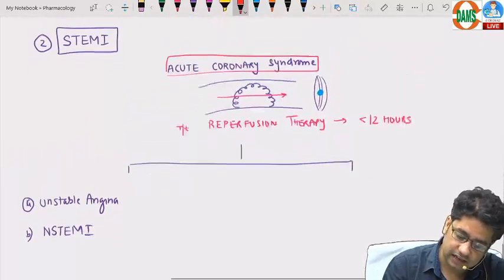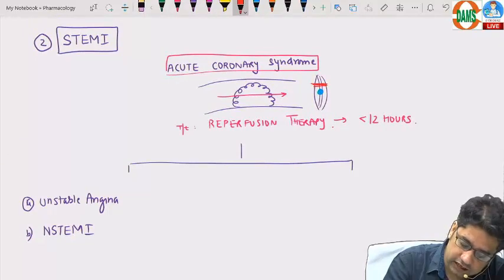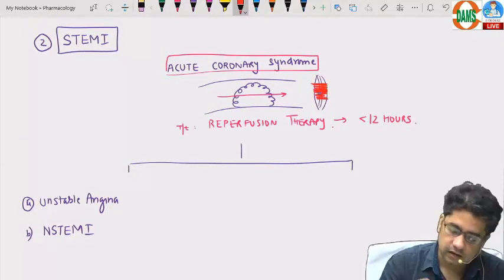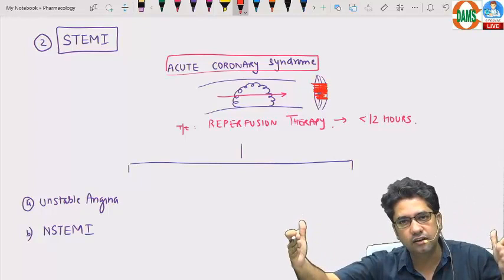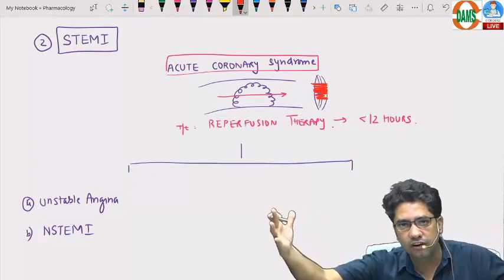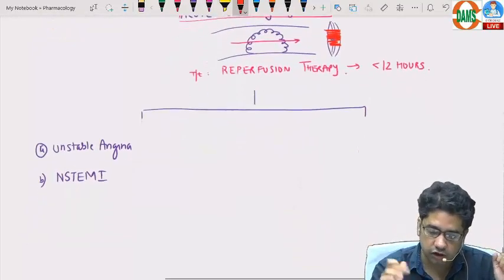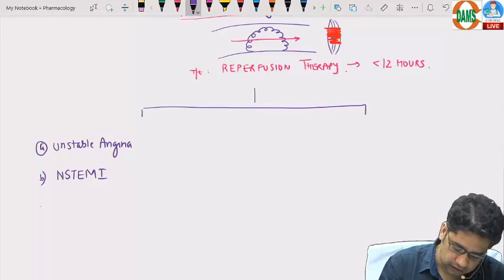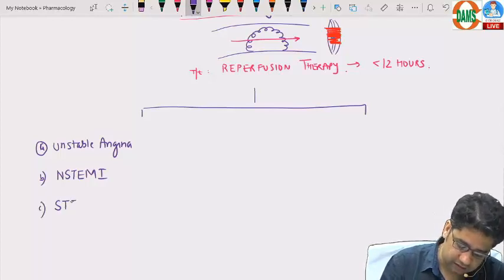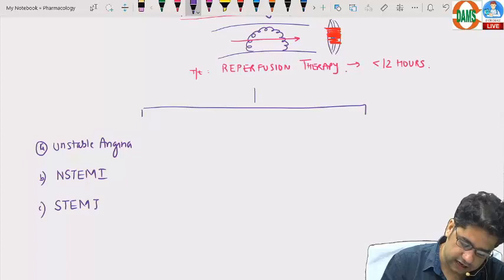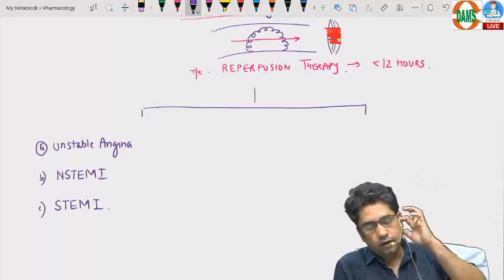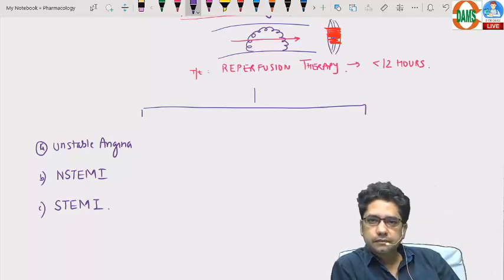After that, can we say there will be a full thickness infarct? Now there will be a full thickness, transmural infarct. When there is a full thickness infarct, it is known as the most dangerous one, ST elevated MI.